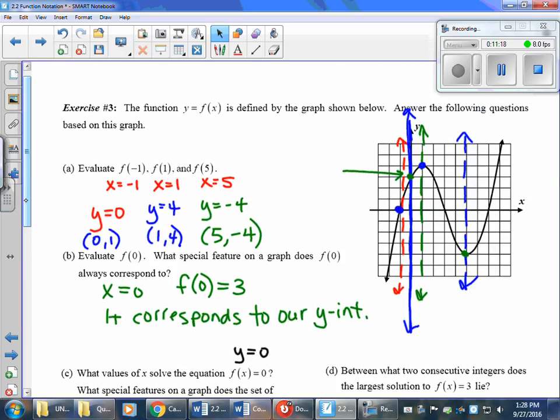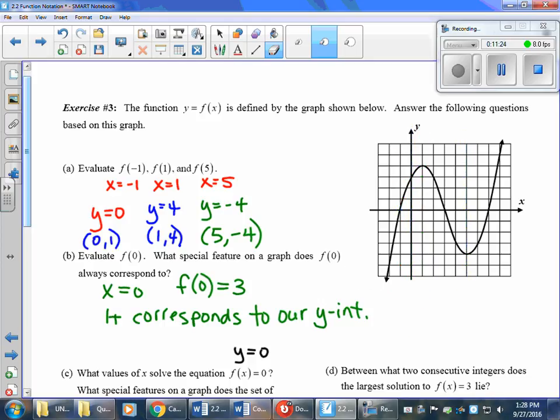So I'm just going to take a minute and erase some of this so we can see this a little bit easier. I'm reminding you that the line y equals 0 is parallel to the x-axis. It actually is the x-axis. So now take a look, where does it hit?